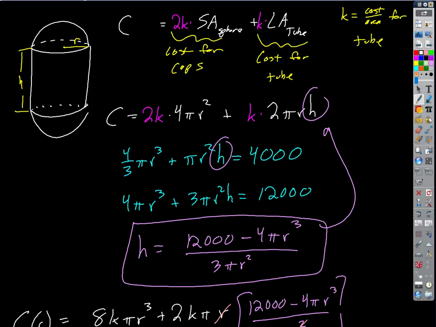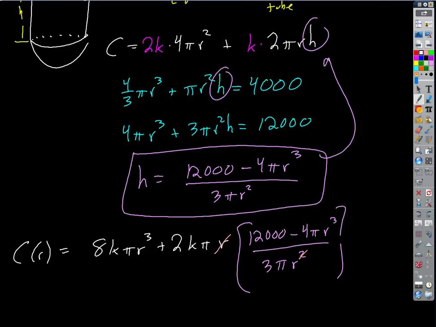So the bottom end of the domain is the radius has to be greater than 0. What's the biggest it could be? Well, if we turn that relationship around, what if h goes to 0? If h goes to 0, what's the biggest that r could be? Well, r would have to be infinitely big, wouldn't it? Right? Does everybody see that?